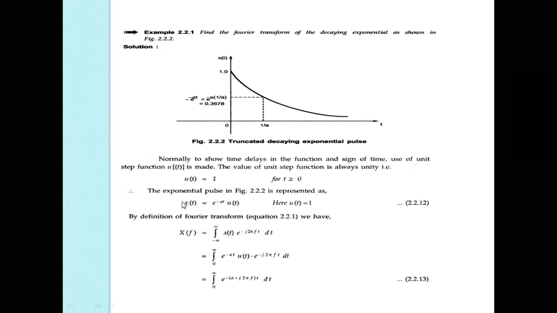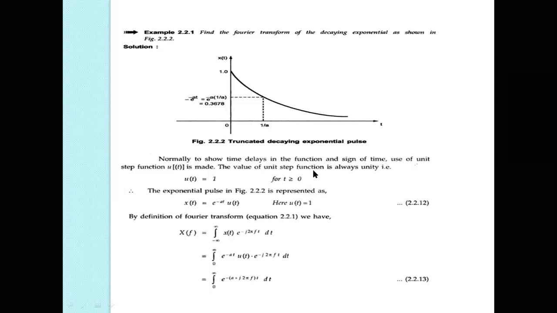The given x of t is equal to e power minus at, where a is a variable here. Why I am taking mu of t, I will explain here. Normally, to show the time delays in the function and the sign of time, the unit step function mu of t is used.